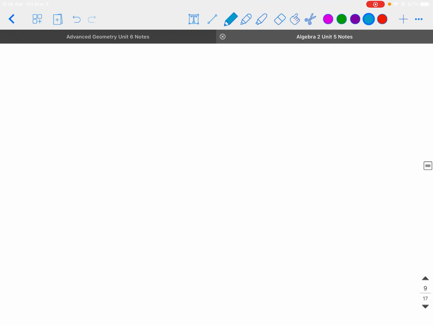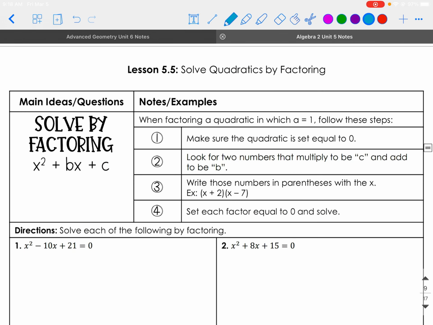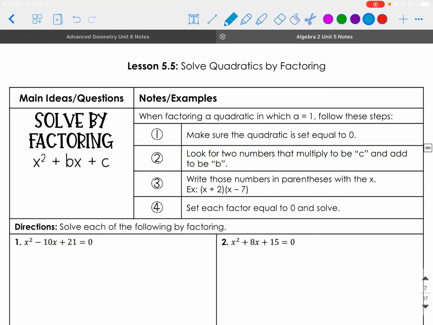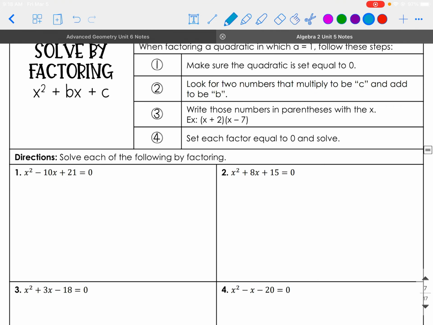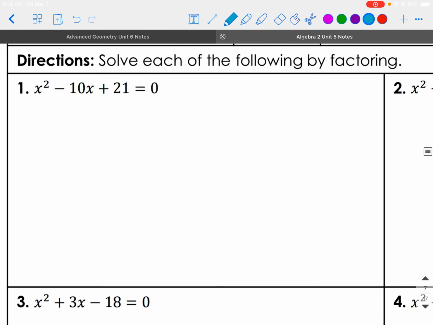All right, so now let's go back to the actual first page of this lesson, and I'm going to show you how to actually get the factors. Number 1, x squared minus 10x plus 21.